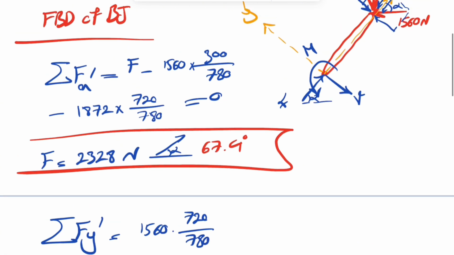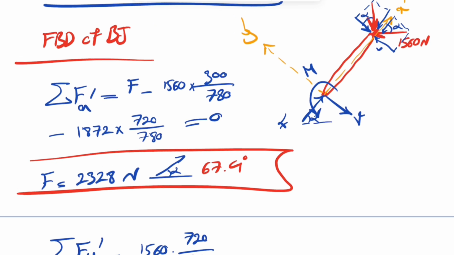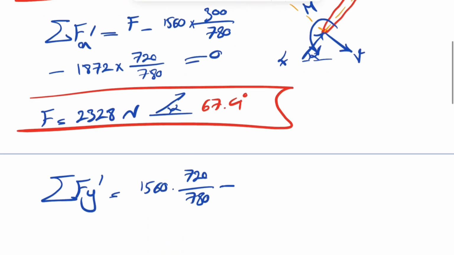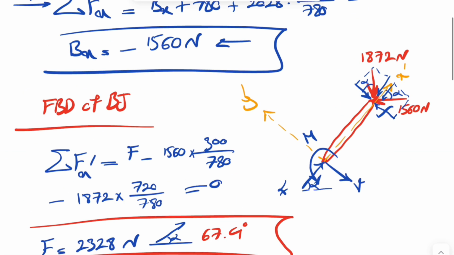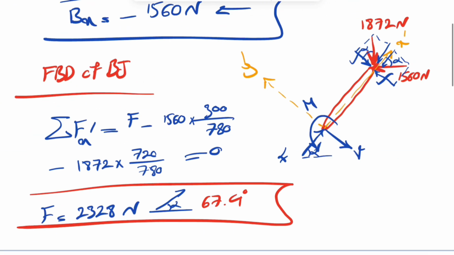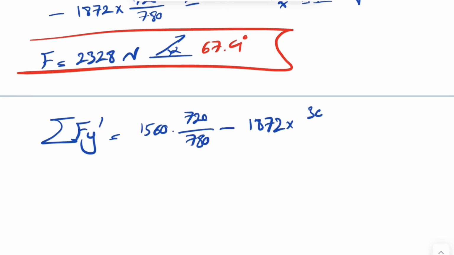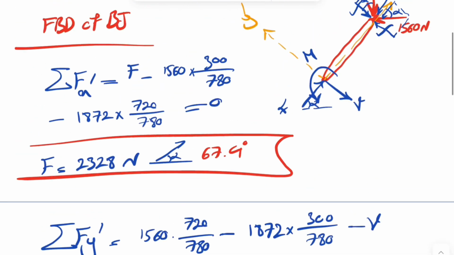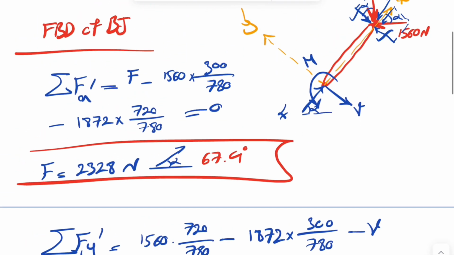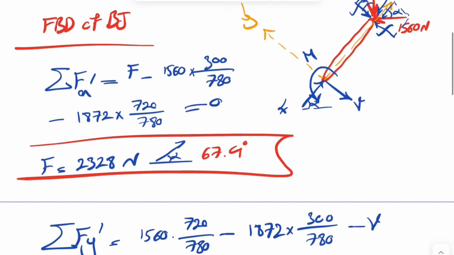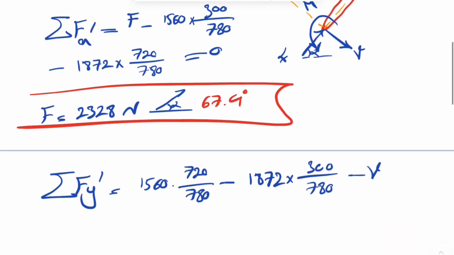That's positive because it is toward the positive y prime axis. We have minus 1872 times, we're looking for this one, which would be the cosine of alpha, so 300 divided by 780. And we also have V, which is downward, or along the negative y prime axis, equals 0.